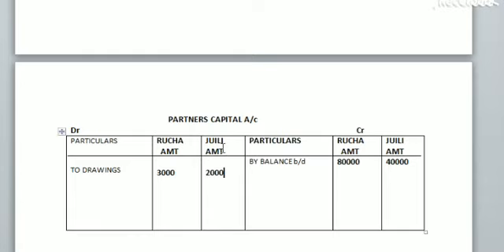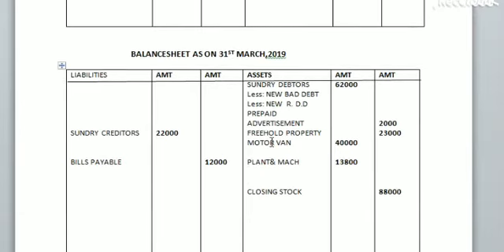Now the next adjustment is depreciation on motor car 5% and plant and machinery 7%. We will come on the asset side. Here we will write depreciation on both, that is plant and machinery. So here less depreciation, and here also we are going to write less depreciation of both the partners.